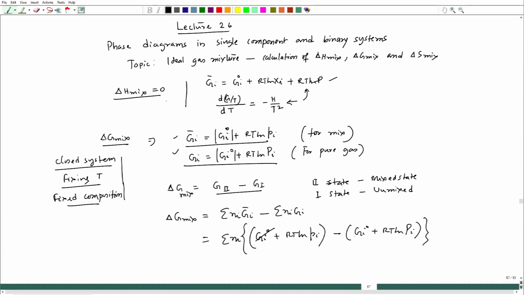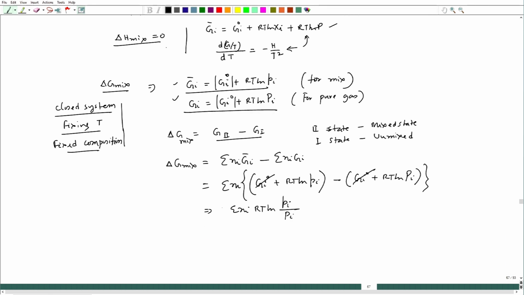So, these two quantities will get cancelled because these are for standard state for individual gas. So, then it becomes fine. So, this is mix, we get this. We have to deal with this particular quantity.